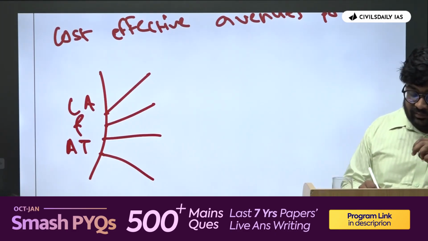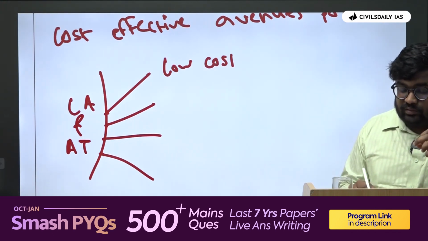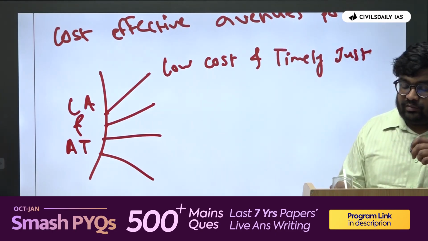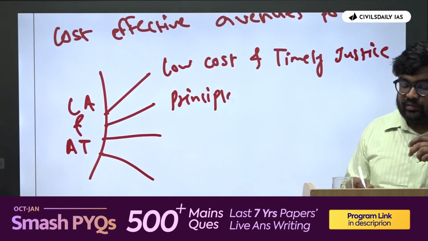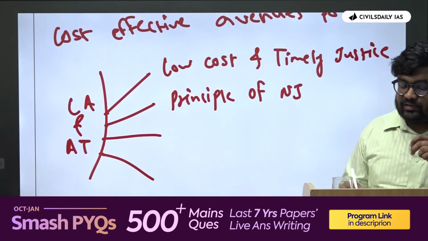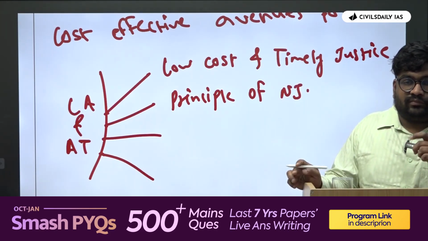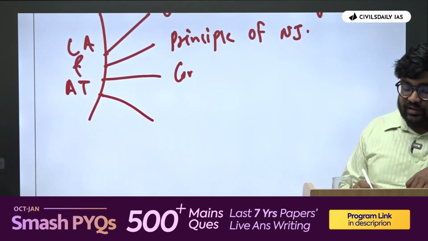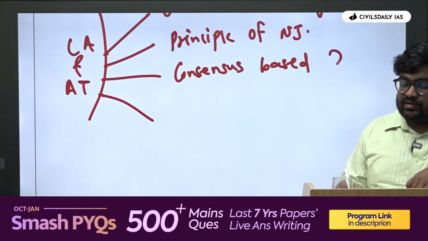One, first, low cost and timely delivery of justice. Second, principle of natural justice. Then consensus-based decision making.